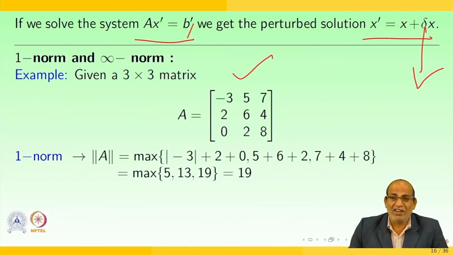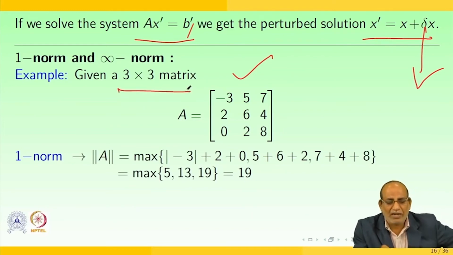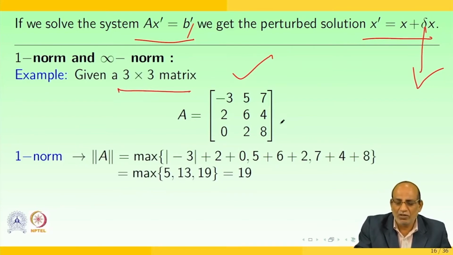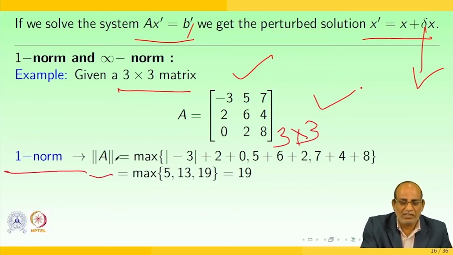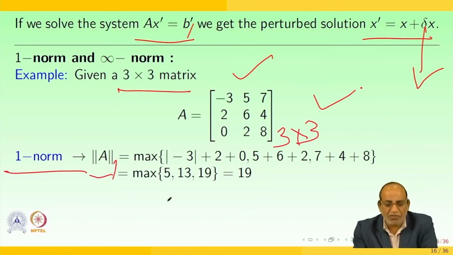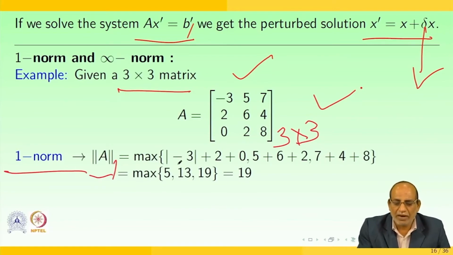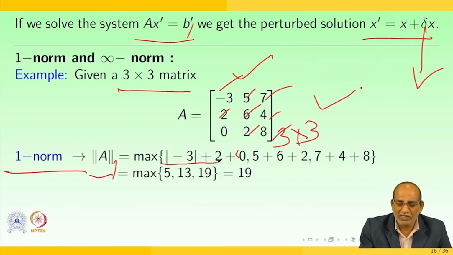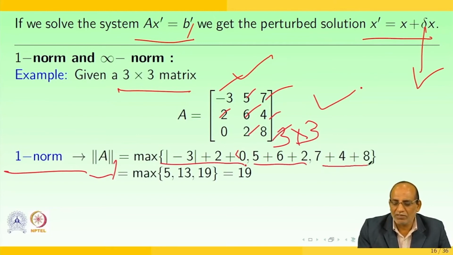So very familiar norms are the 1 norm, 2 norm, and infinity norm. Let us take a very simple example, a 3 by 3 matrix, with 3 rows and 3 columns. What is the 1 norm? I denote it as the 1 norm of A. It is the maximum of the column sums: minus 3, 2, 0, or 5, 6, 2, or 7, 4, 8, taking absolute values.